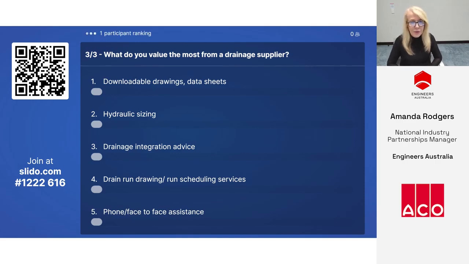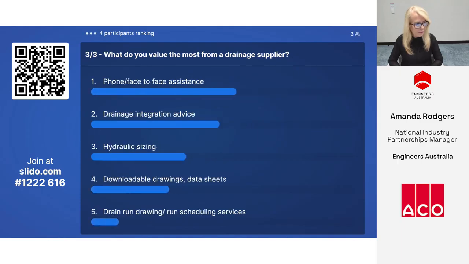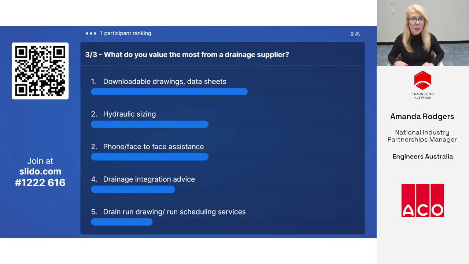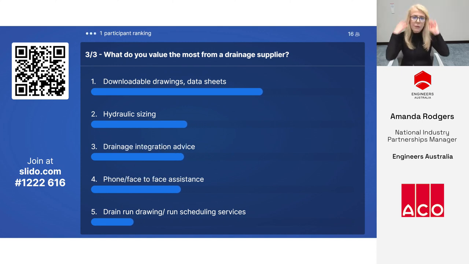Downloadable drawings, data sheets, hydraulic sizing, drainage integration advice, drain run drawing, run schedule and services, phone or face-to-face assistance. Thank you.